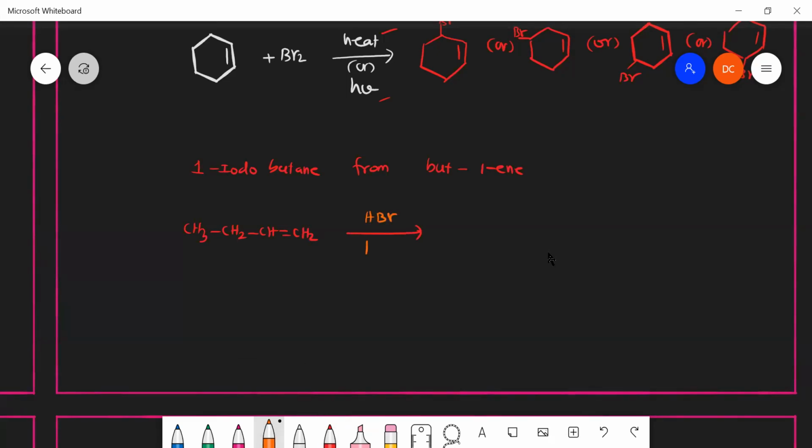What kind of product can I get? I'll get CH3CH2CH2CH2Br. After this, I can react it with NaI in acetone. Using NaI in acetone, I can get 1-iodobutane as the product.